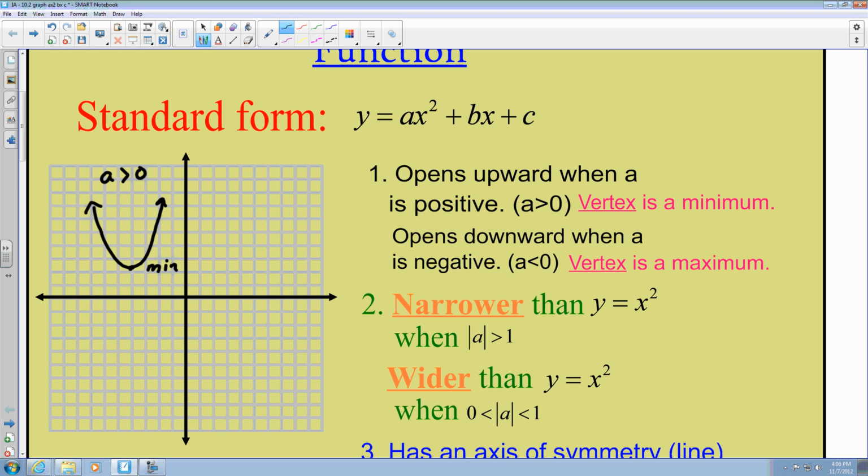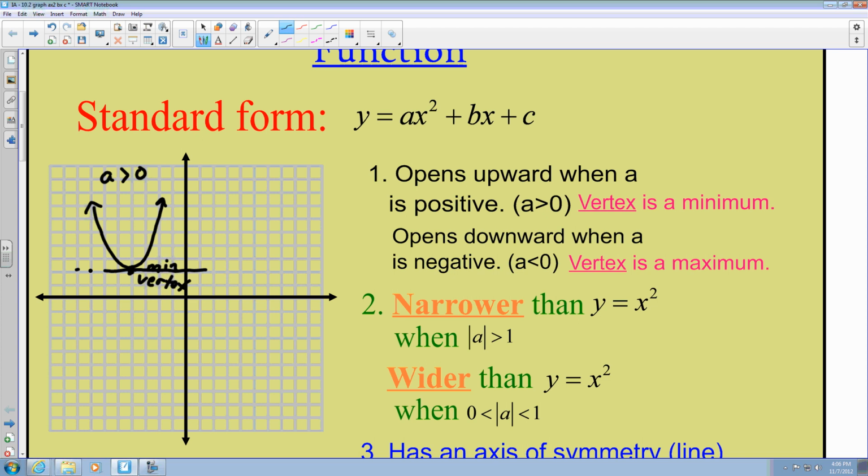because this is the smallest measurement that it can be on the graph for the x-coordinates. And at this point right here, which we learned from the other day, is called the vertex. That also identifies our minimum value.